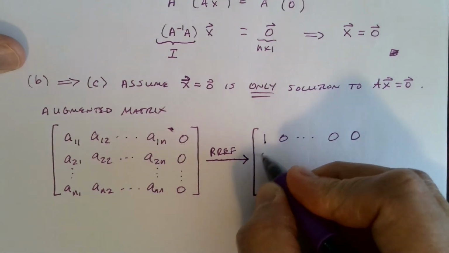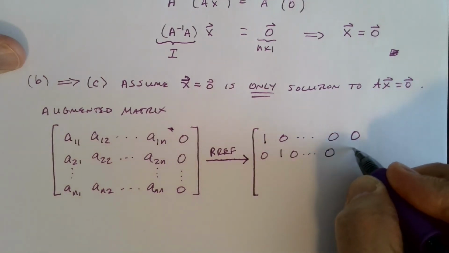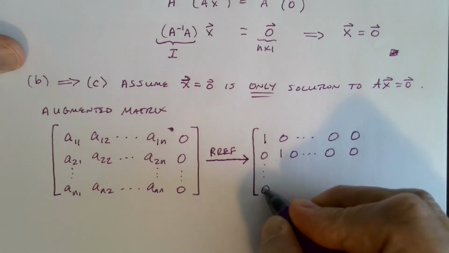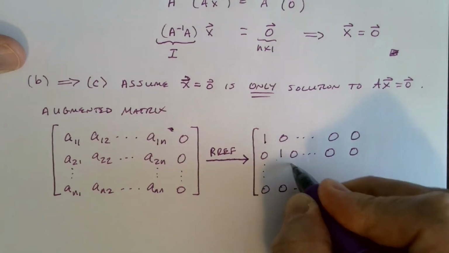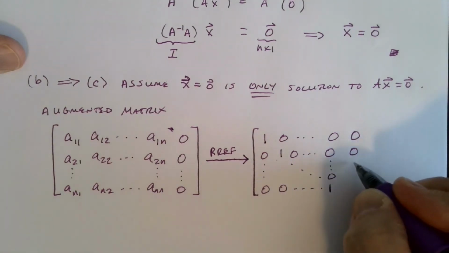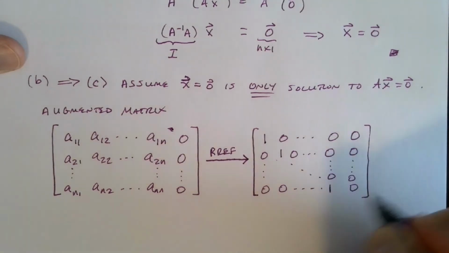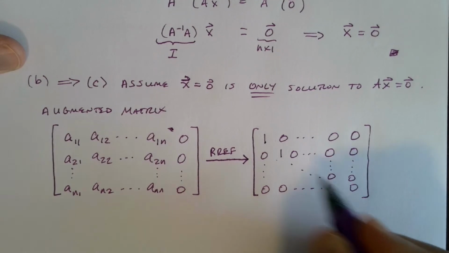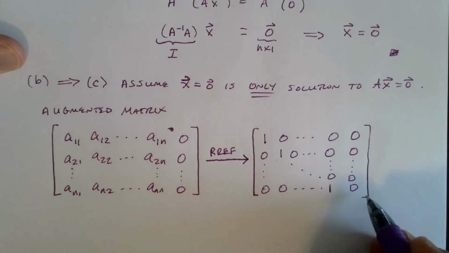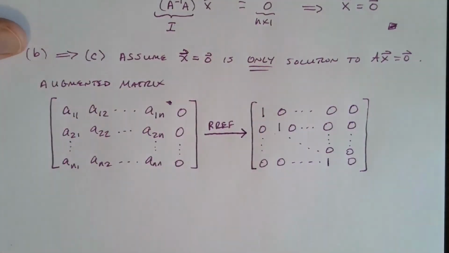And then I would have 0 x sub 1, a 1 for x sub 2, and so on, down to this last one here: x sub n equals 0. So this would be x sub 1 equals 0, x sub 2 equals 0, x sub 3 equals 0, all the way down. So that's going to be our reduced row echelon form, because we're assuming that x equals 0 is the only solution.